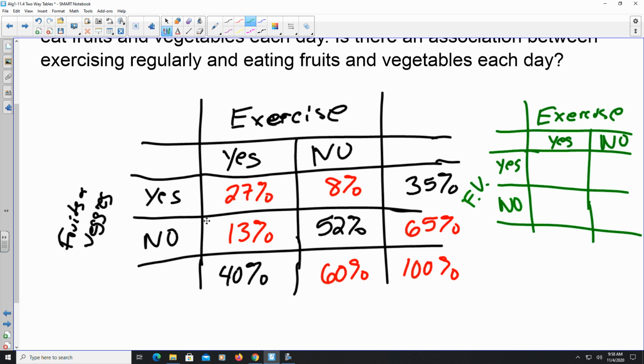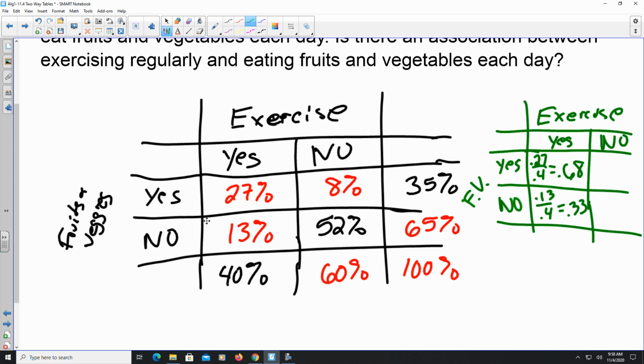What goes in yes and yes, I'm just going to write as decimals. This is going to be 0.27 divided by 0.4, which is about 0.68. Over here, it's going to be 0.13 divided by 0.4, which is equal to 0.33.